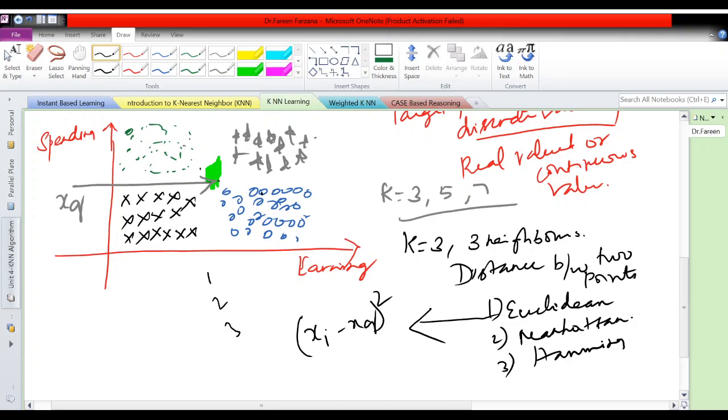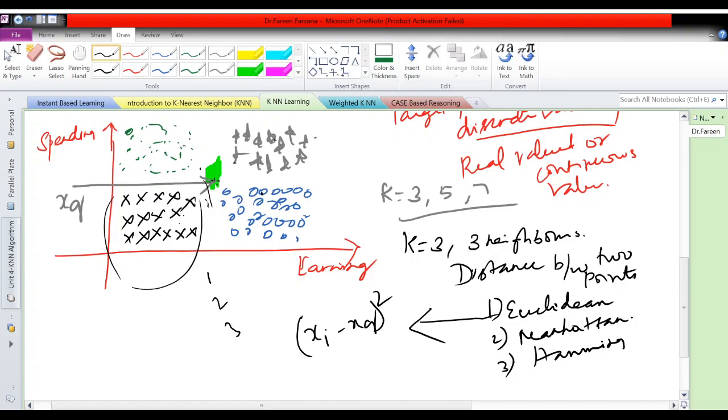If it is nearest to the less earning, less spending group, then you classify this query as belonging to that group. Or if it is near the more earning and more spending group, then it will be classified to that. So this is all about your KNN algorithm.